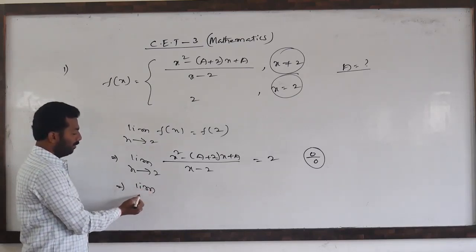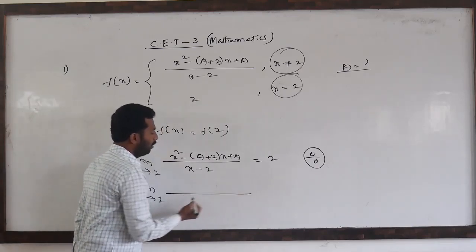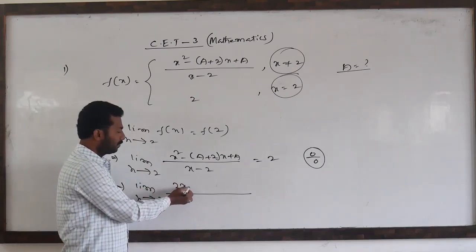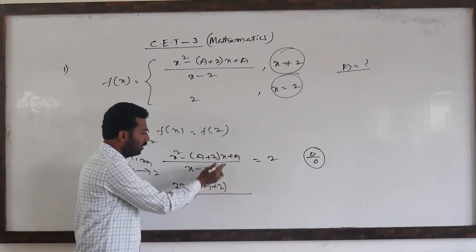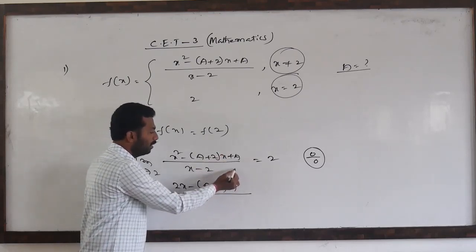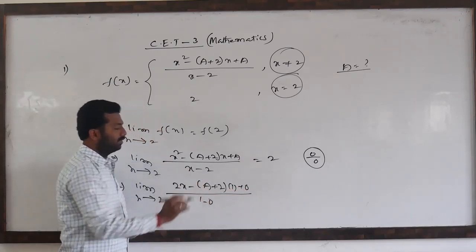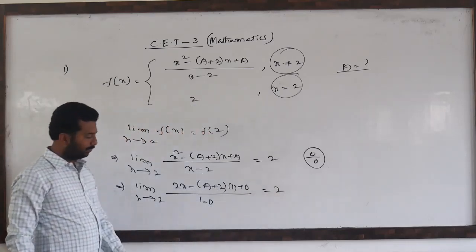See, limit x tends to 2. How to apply L'Hospital rule? X square derivative is 2x, minus (a plus 2) constant times x, derivative 1, plus a derivative 0, x minus 2 derivative 1, equal to 2.